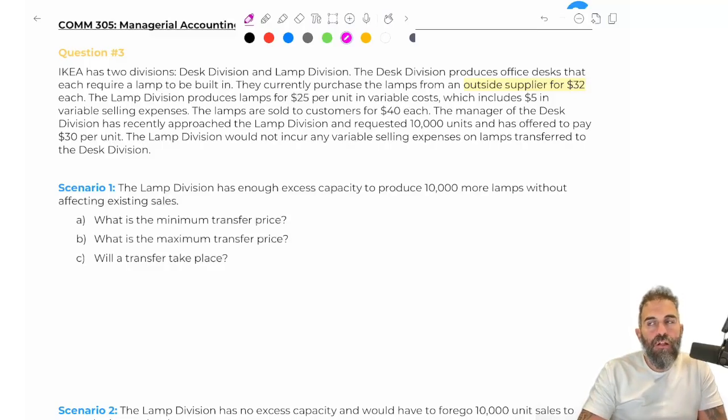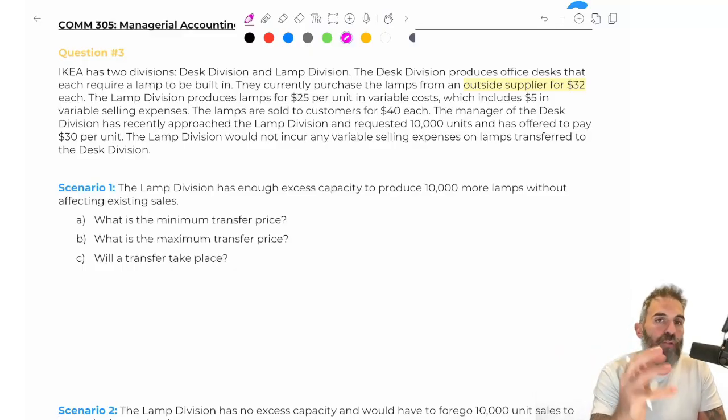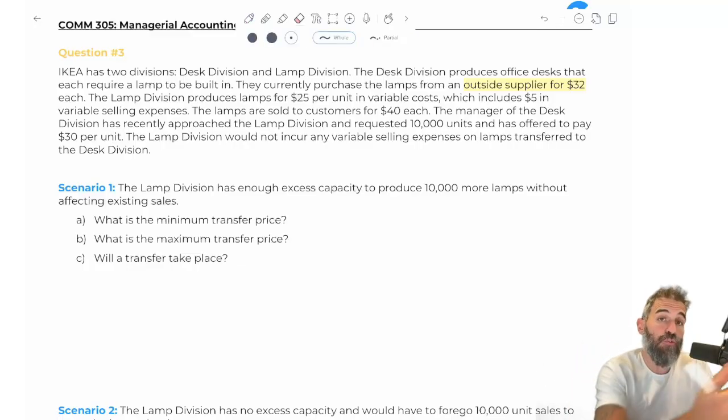Now, there won't always be a difference. Sometimes if they feel like writing a basic question, there's just going to be one variable cost. It'll be both internal and external. But what do I mean? The variable cost that the selling division will incur when they produce and sell a unit might be different if they're selling to an external customer or if they're selling internally.